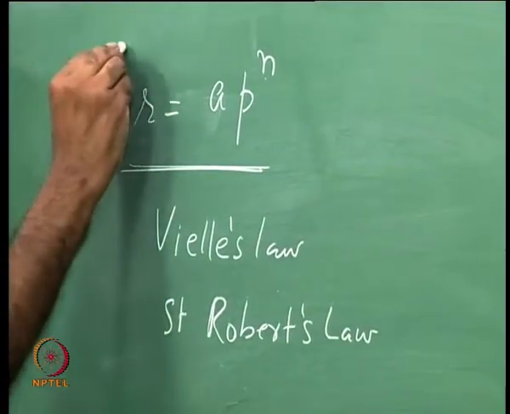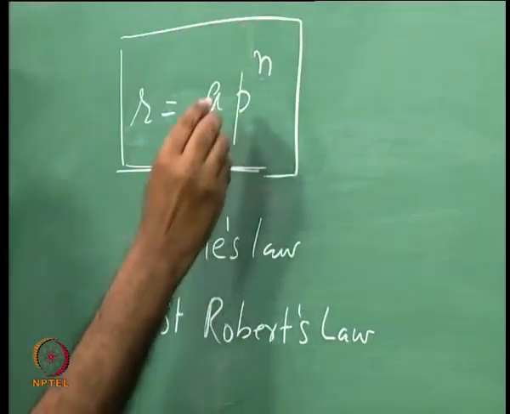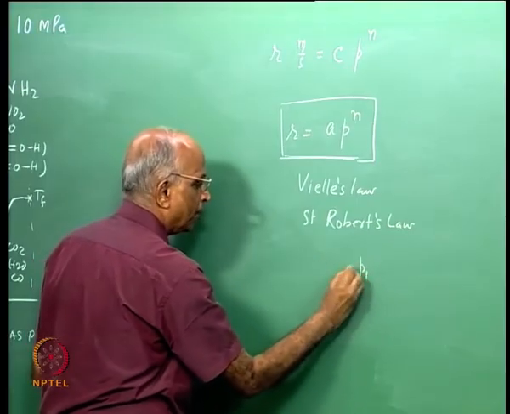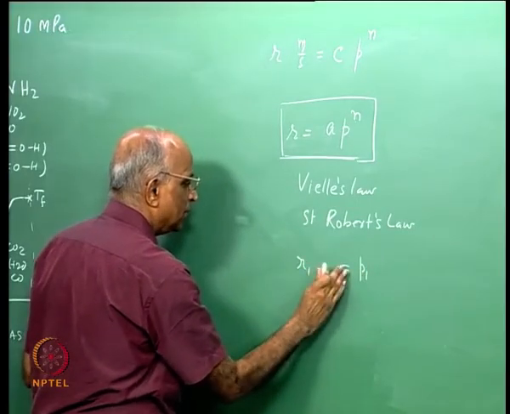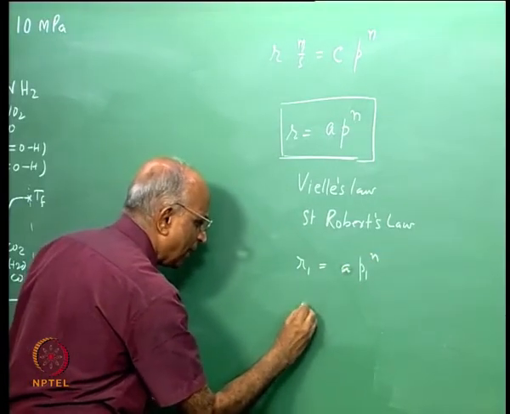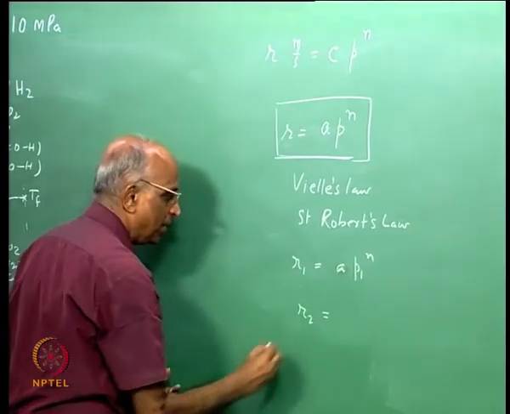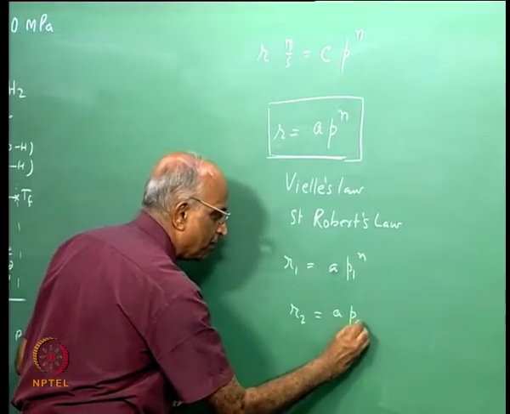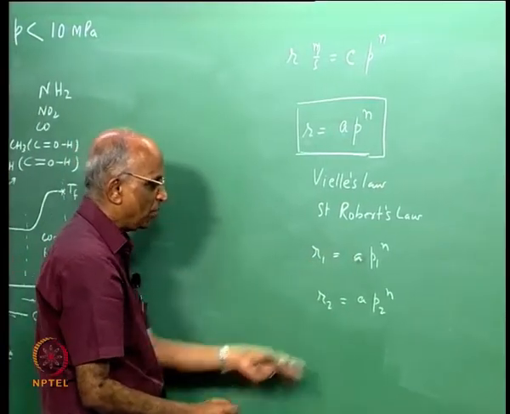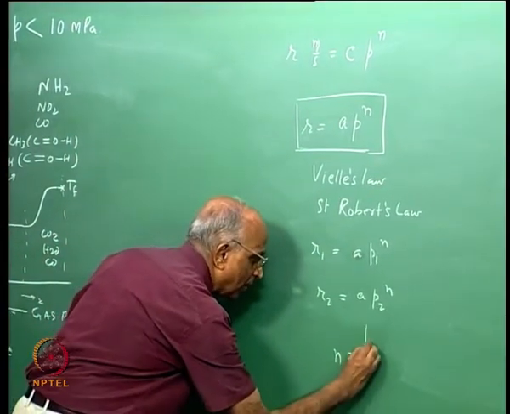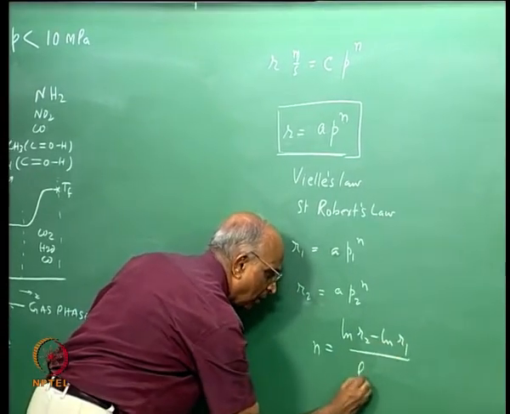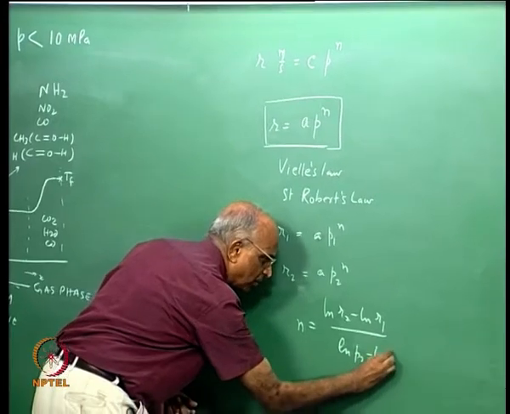And in practice we use this, and how do we determine the value of n? We do an experiment. We say, well, at pressure P1 the burn rate r1 is equal to a P1 to the power n. At a pressure which is a little bit away, I measure the burn rate in an experiment, I get r2 equals a P2 to the power n. Now I use these two equations to find the value of n, which is n equals ln r2 minus ln r1 divided by ln P2 minus ln P1.